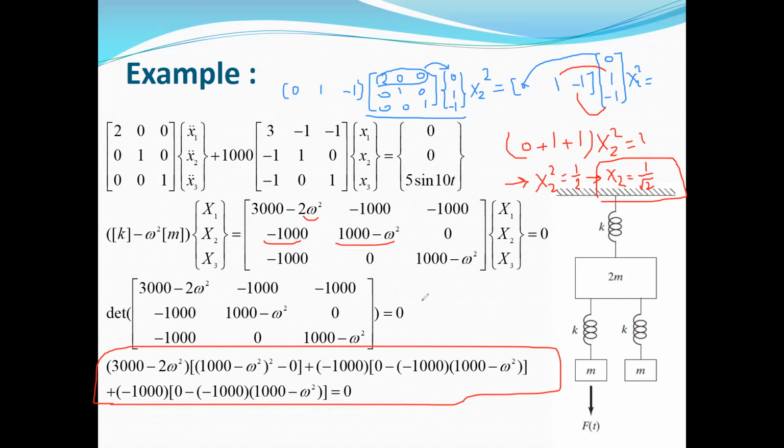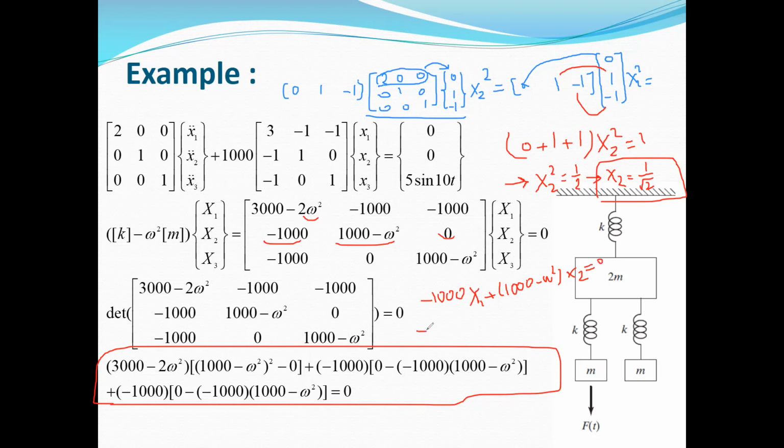For example, in the second equation, when you substitute omega is equal to omega 1, you will have minus 1000 multiplied by x1 plus (1000 minus omega squared) multiplied by x2, and finally 0 multiplied by x3, which must be equal to 0.